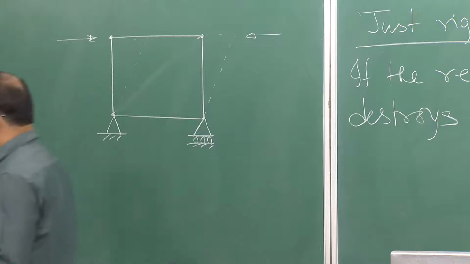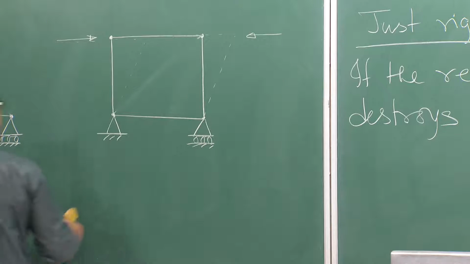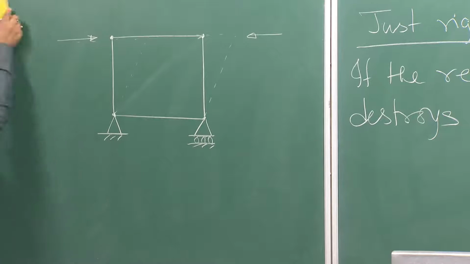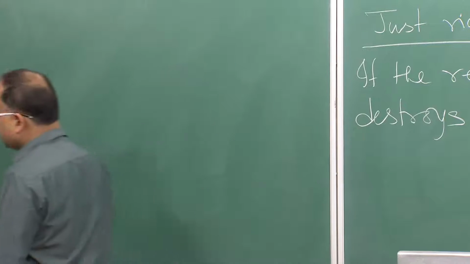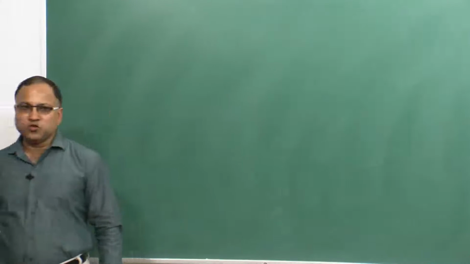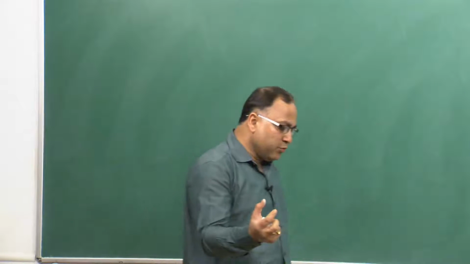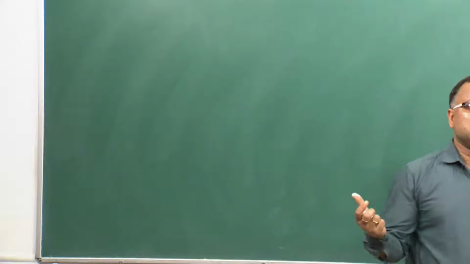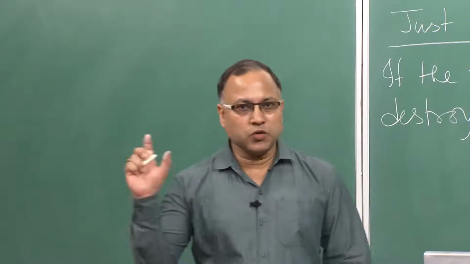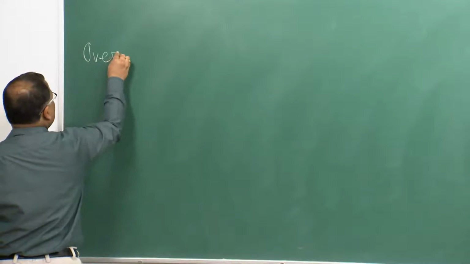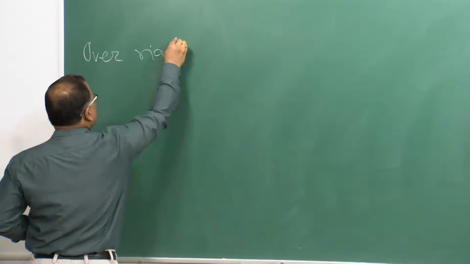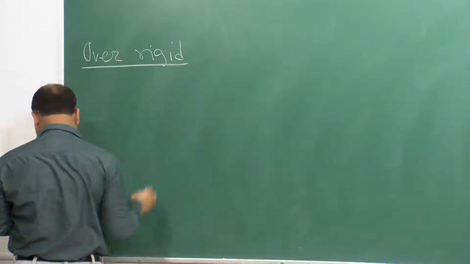Similarly, we will be having another kind. It is not necessary that all the time you will get a just rigid structure, where if you remove one member, immediately the system goes to instability. Most of the times it is not the case. Most of the times you will be getting over rigid structure.